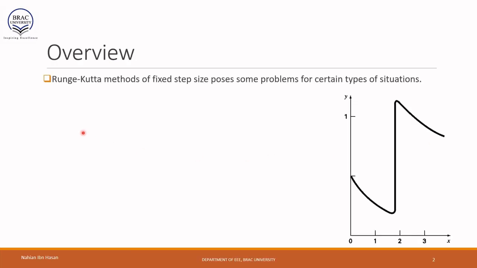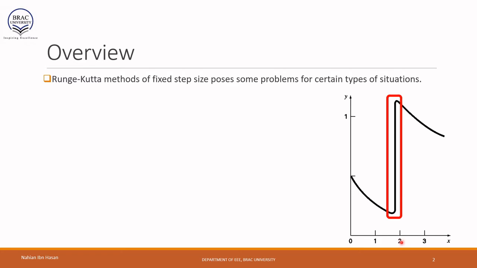If you carefully notice the curve here, this is the differential equation curve. Look at this: in the vicinity of x equal to 2, the curve is changing rapidly. So if you use the normal fixed step size Runge methods, there will be some problems. What will the problems look like?